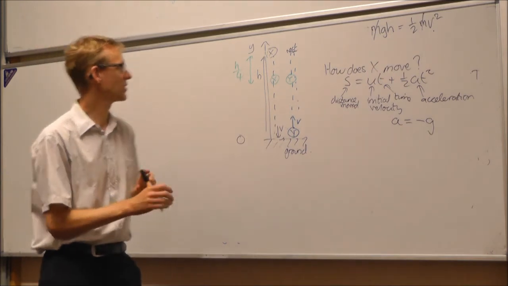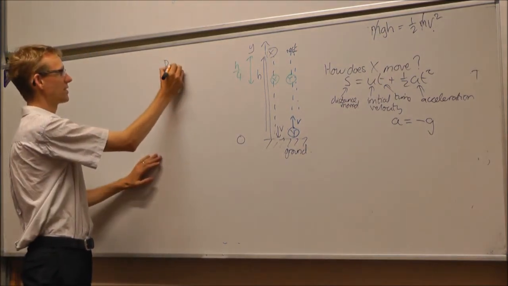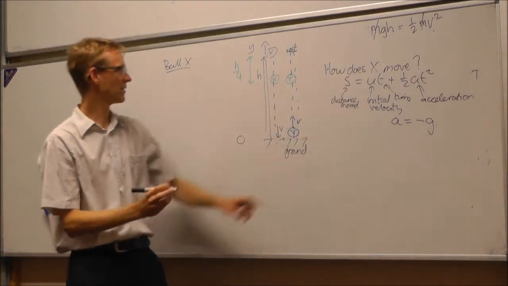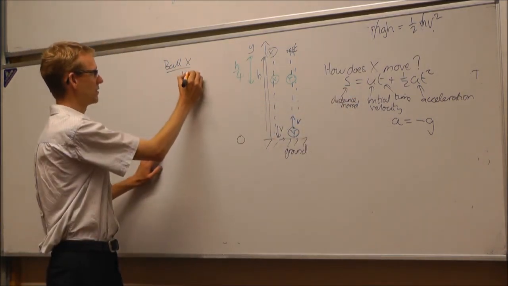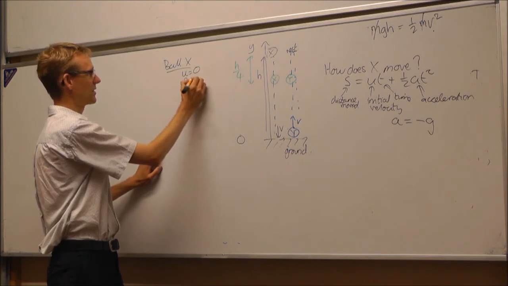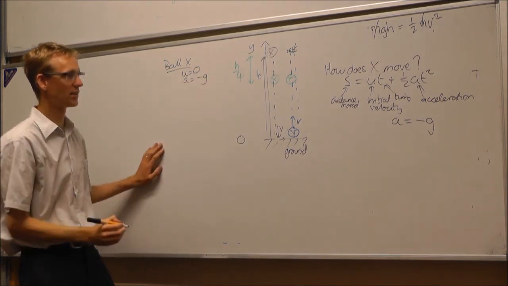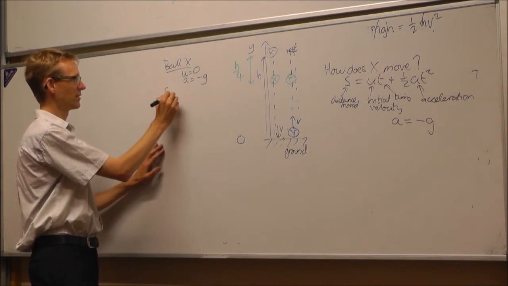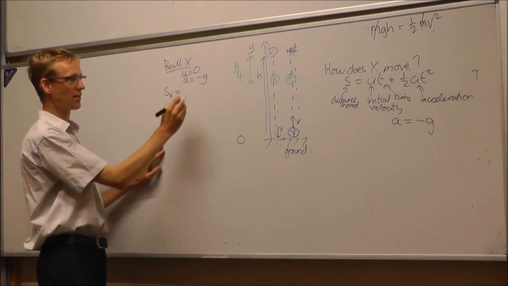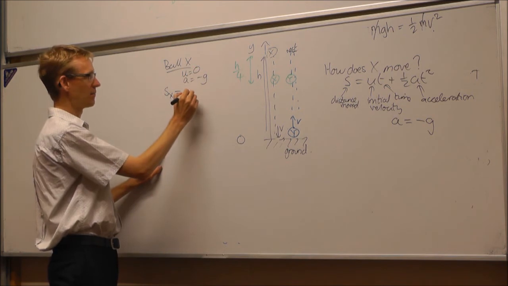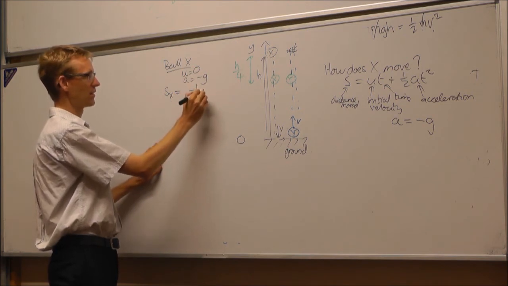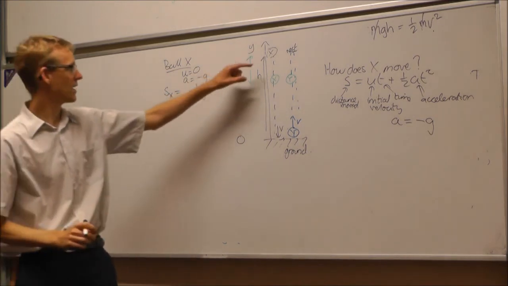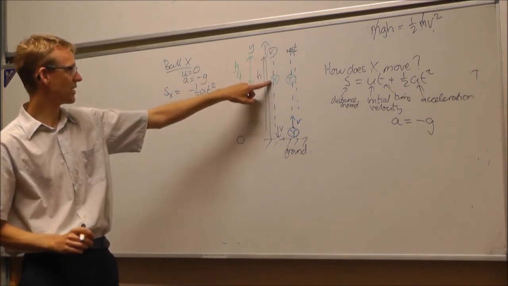So let's just watch that. Let's do ball X. So initial velocity u is 0, acceleration is minus g, so my distance moved is going to be minus half gt squared. That's that distance from there to there.